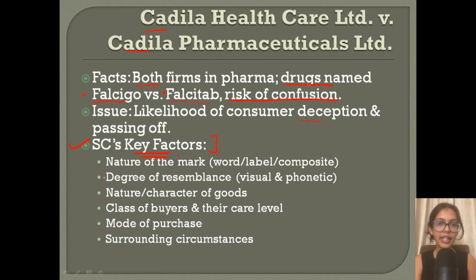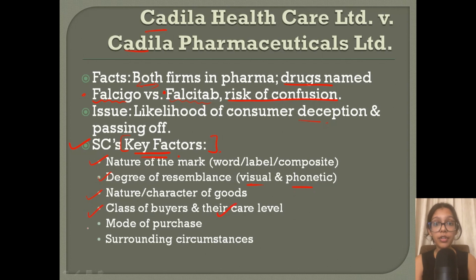So basically, like we were talking about, the Supreme Court highlighted certain key tests to identify deceptive similarity. So first we look at the type of mark. Then we look at phonetic similarities or visual resemblance. Then we look at the nature of goods. We look at the class of buyers or the target consumers.